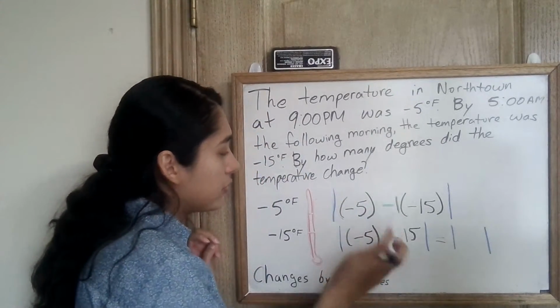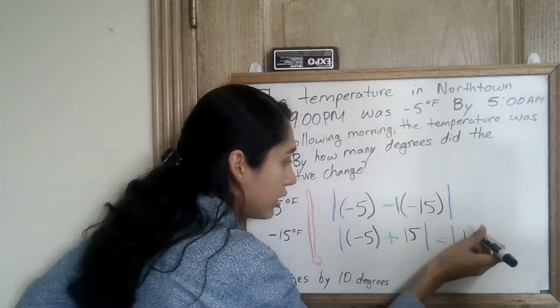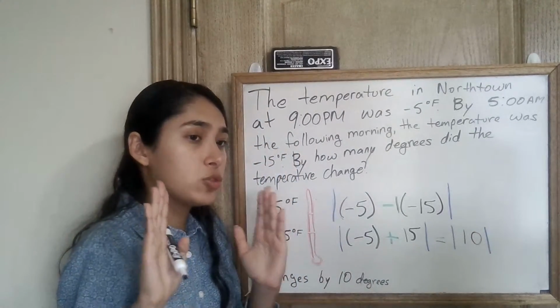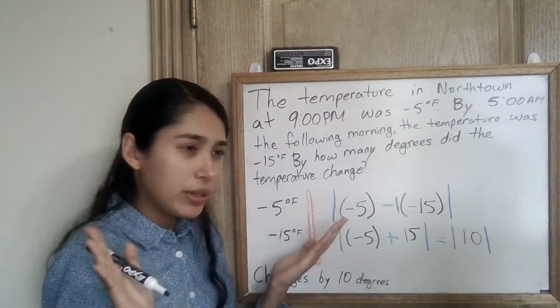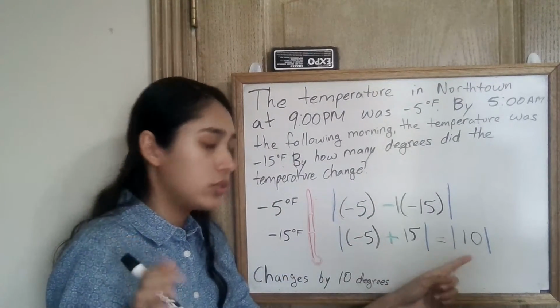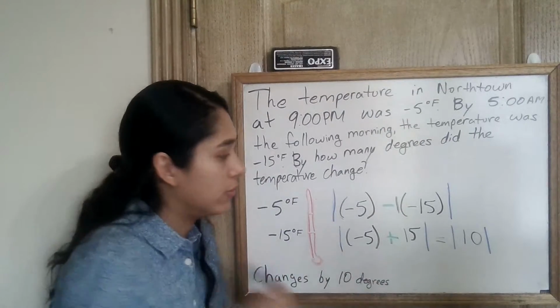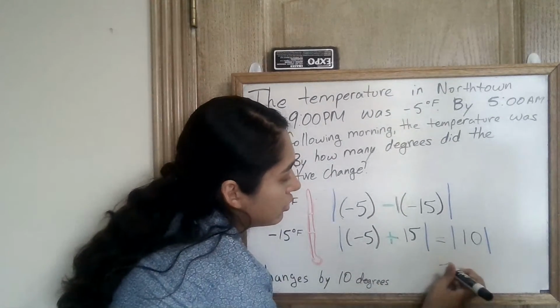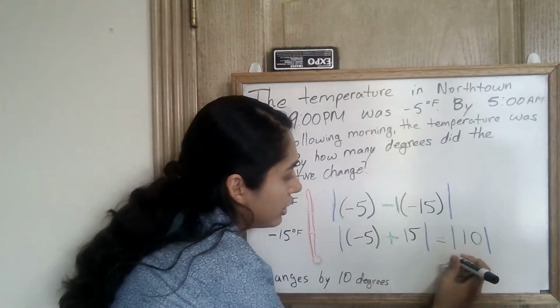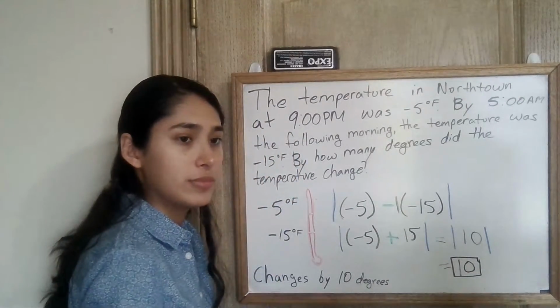So -5 plus 15 is 10. Now we can have the absolute value symbols work on it. Well, there's nothing to work on because this is already a positive value. So in that case, we're just going to drop them. So our answer is 10. There is a 10-degree change. Ta-da!